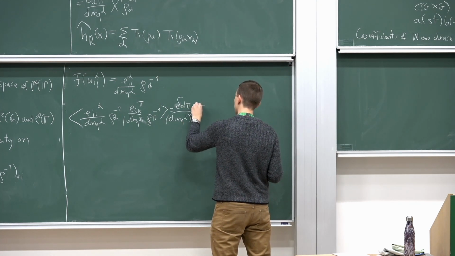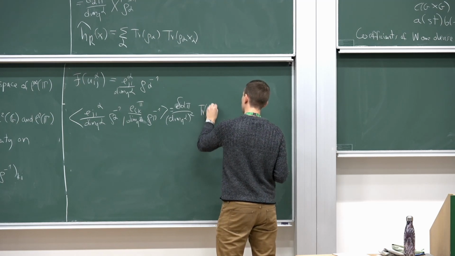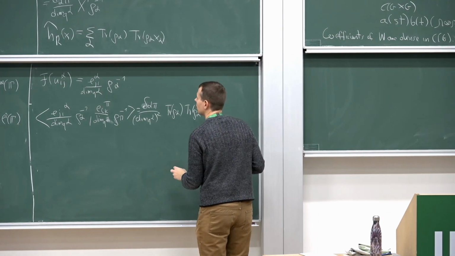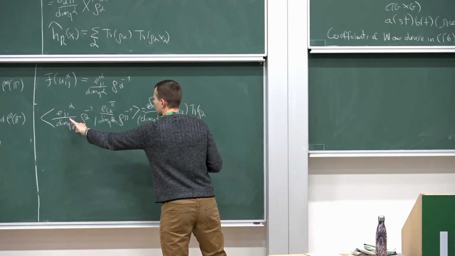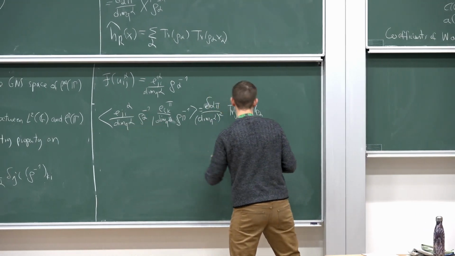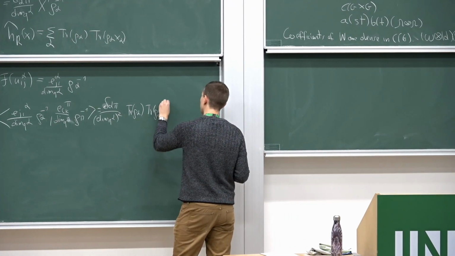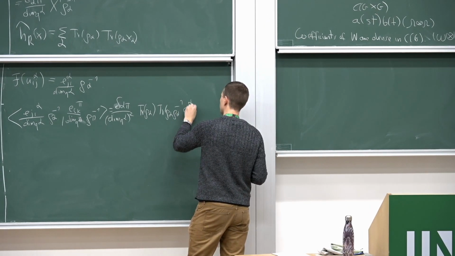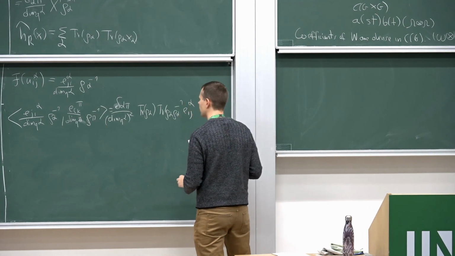So we have trace of rho alpha times trace of rho alpha. We get the adjoint of this, which is rho alpha inverse, E_ij alpha.